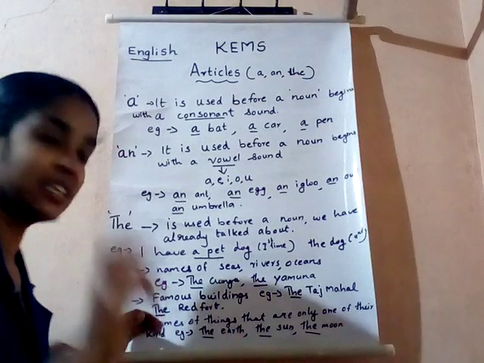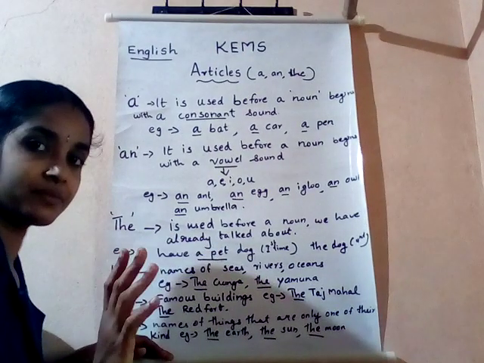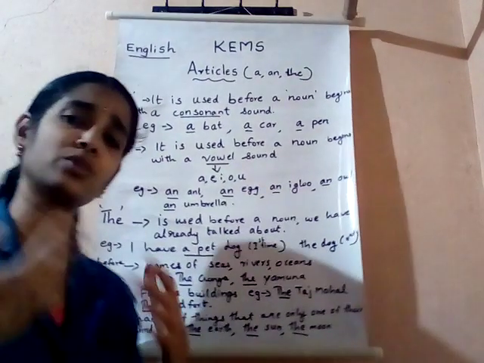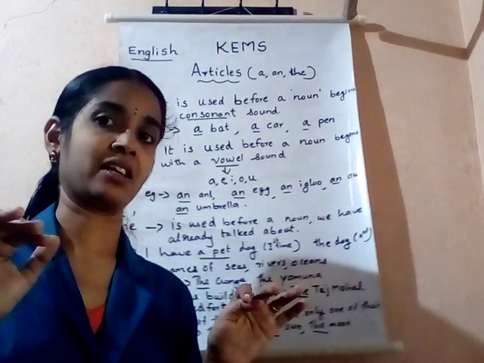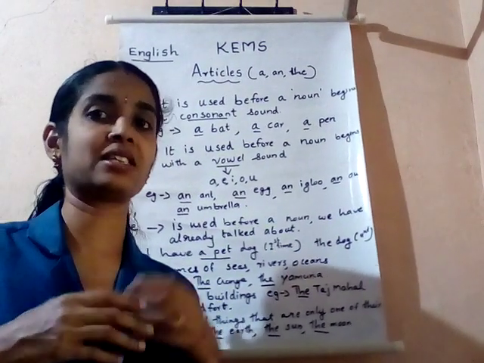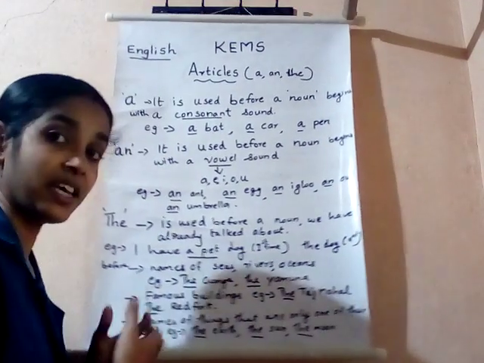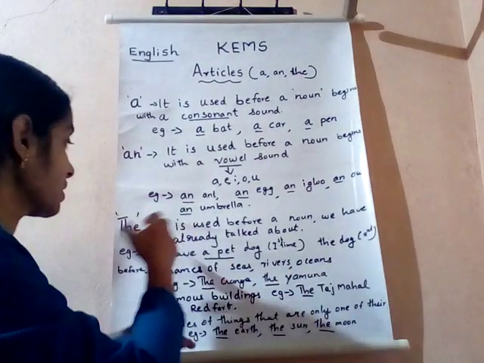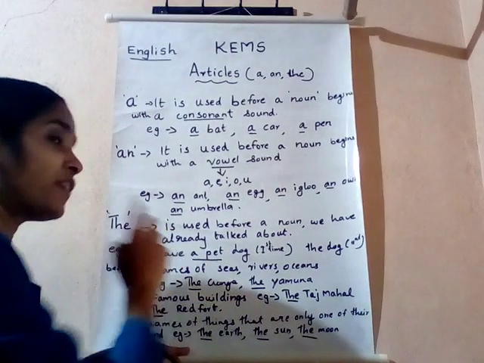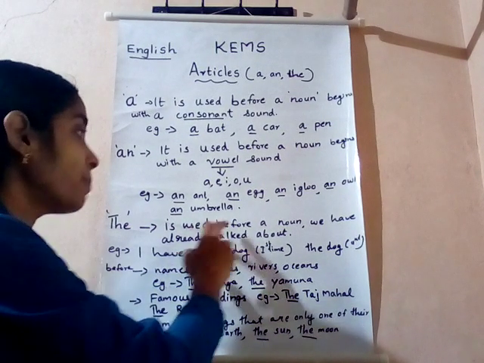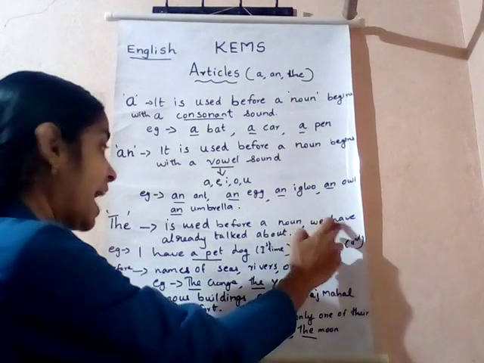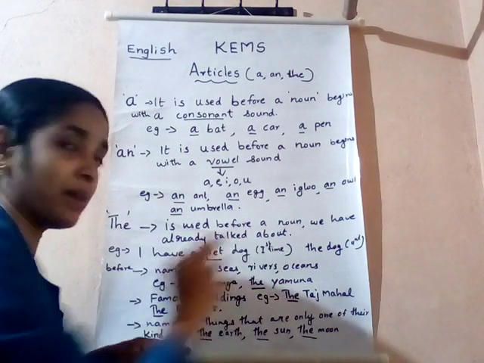The article, third one. "The" is used in many ways. Okay, so many rules are there to use "the." Let's check some rules. Okay, look here and listen here. First of all, "the" is used before a noun we have already talked about.